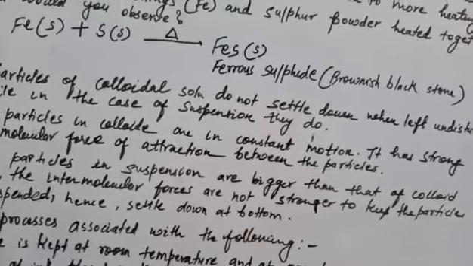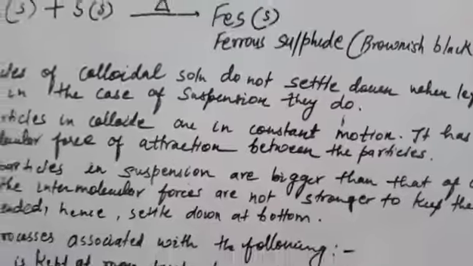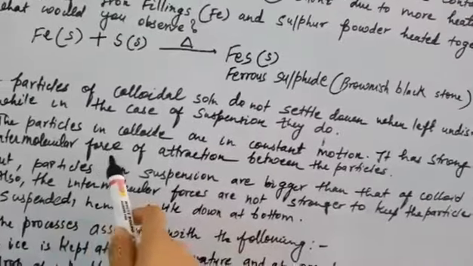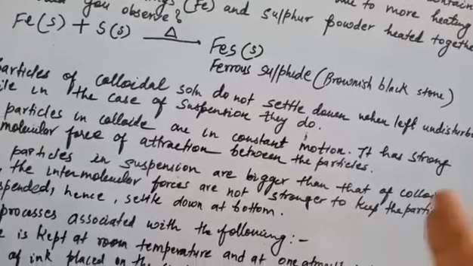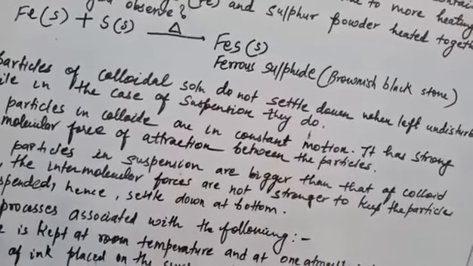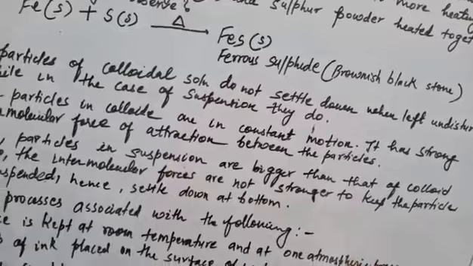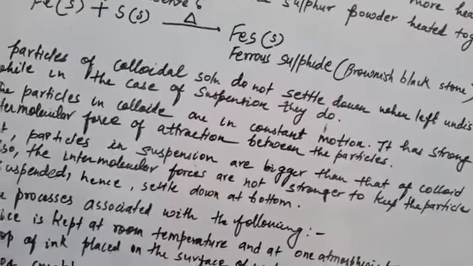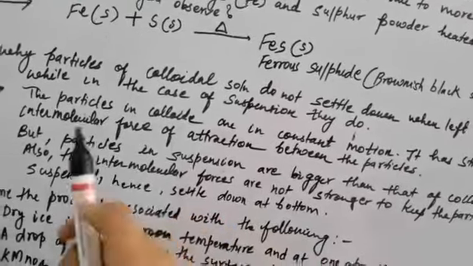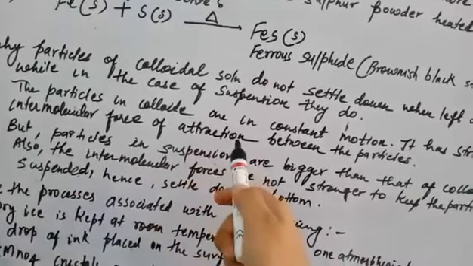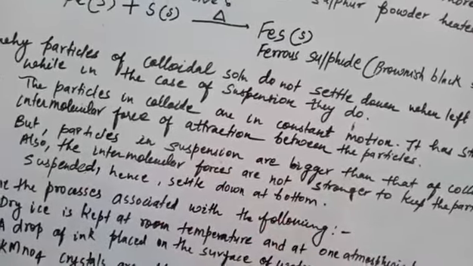They are moving continuously in the solvent-like substance, and there is a strong intermolecular force of attraction between the particles. Whatever particles are spread throughout the colloidal solution are in continuous motion, and they have a strong intermolecular force of attraction between them.